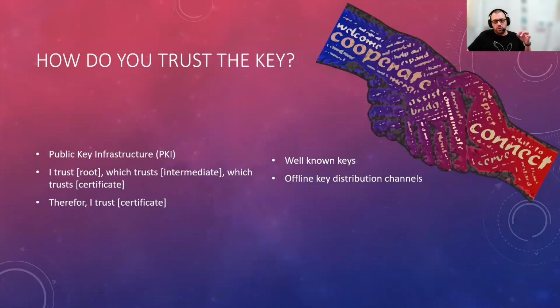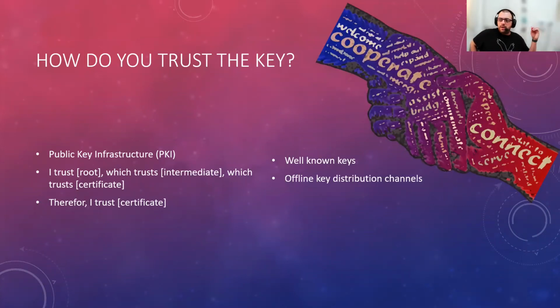On your system, you have a list of root certificates that you trust. Those are the public keys of people that you've chosen to trust. Now, you've probably never chosen to trust a root certificate. You rely on Microsoft, on Mozilla, on Google, Apple, to choose trustworthy root keys.